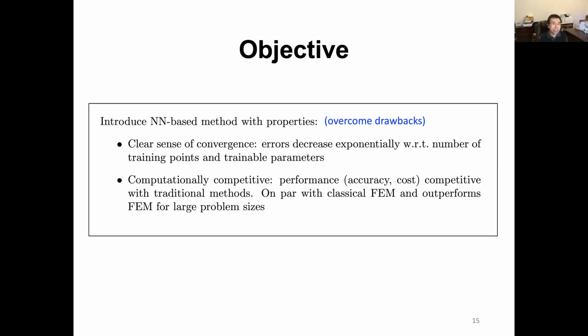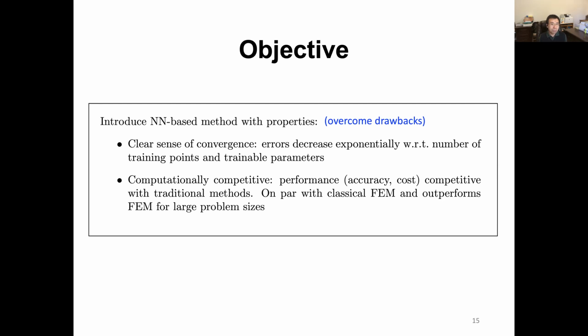Partially, more or less. In this talk, I will introduce a neural network-based method that, in a sense, overcomes these drawbacks. This method has a clear sense of convergence. Its numerical errors, for smooth solutions, decrease exponentially with respect to the number of training data points and the number of training parameters.